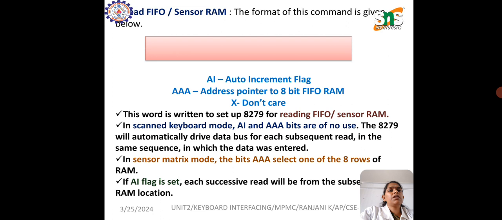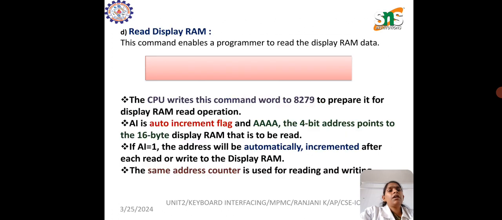In this mode, the AI and AAA bits are of no use; it will automatically drive the data bus for each subsequent read. In sensor matrix mode, the bits AAA select one of the 8 rows in RAM.